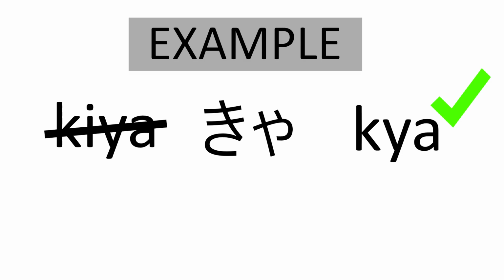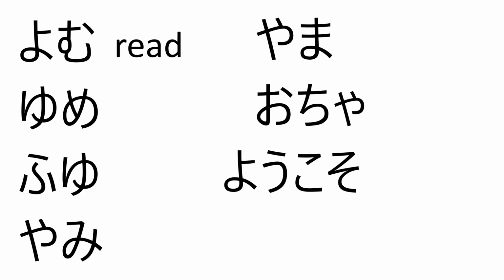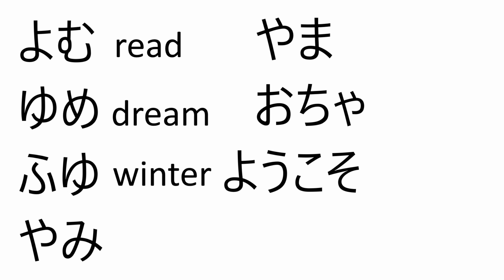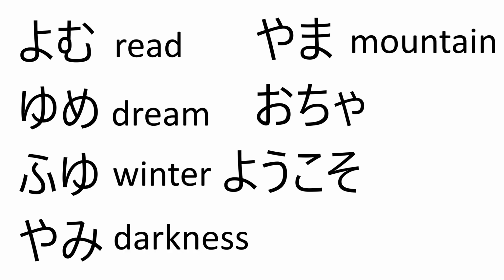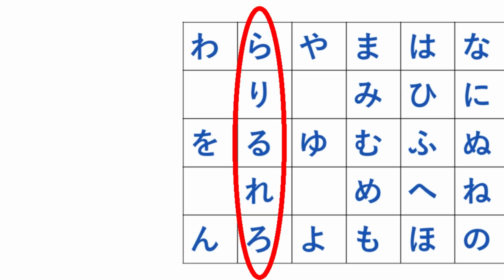Or when you have shi and behind you put again the smaller form of ya, you don't get shi ya, but sha. To add some examples, yomu, yume, fuyu, yami, yama, ocha, yokoso, which mean to read, dream, winter, darkness, mountain, tea, and welcome. Now ra, ri, ru, re, ro.